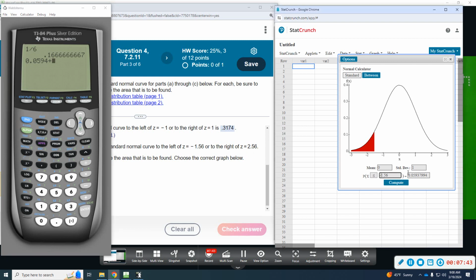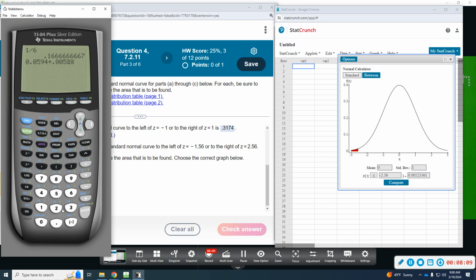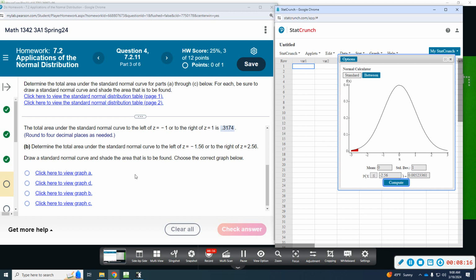I'm going to put in a -2.56. I could just easily change that and find the right side, but it's okay. So the area to the left of -2.56 is going to be the same as the area to the right. So that's going to give me 0.0052, and this gives me 0.0646.